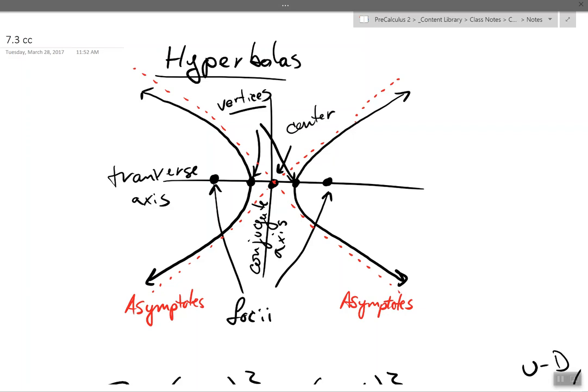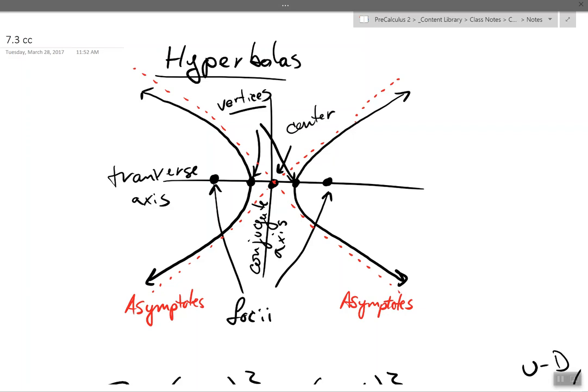So the first thing is vertices, which we've dealt with in the parabolas. Center, we dealt with that in circles and ellipses. And then we have foci, which we also had in parabola and ellipse. So those words are all familiar, and we've done all of those before.